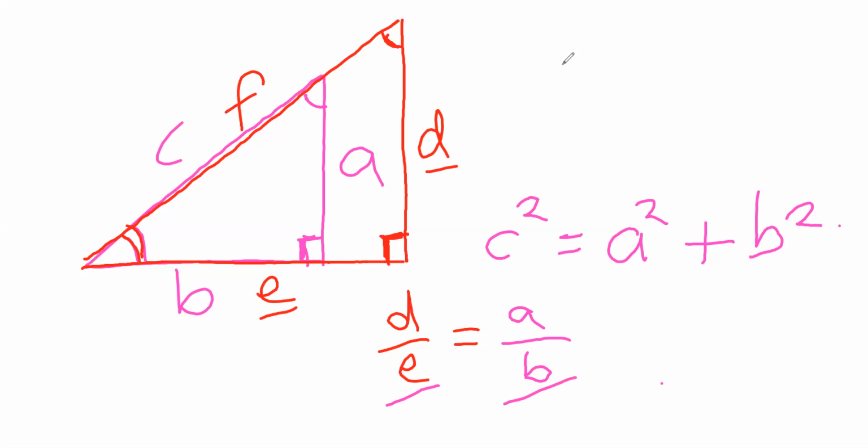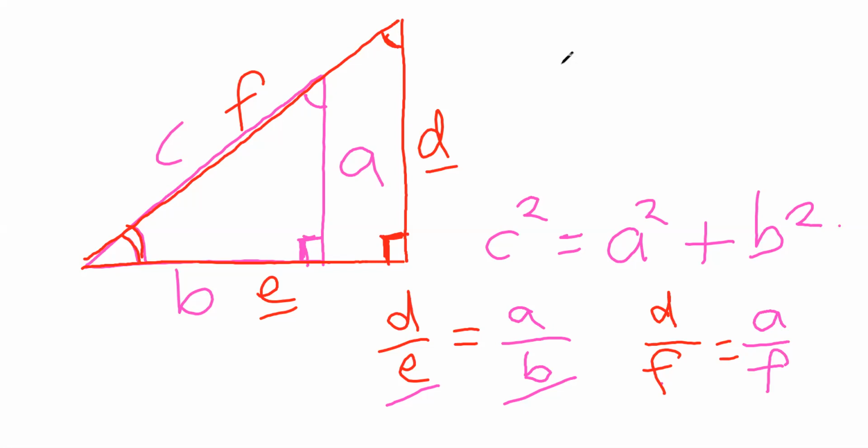These numbers would be different because the lengths are different, but the relationship between those lengths is exactly the same. Exactly the same with, let's say, D divided by F would be exactly the same as A divided by F.